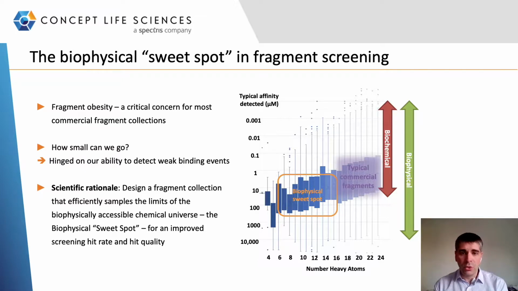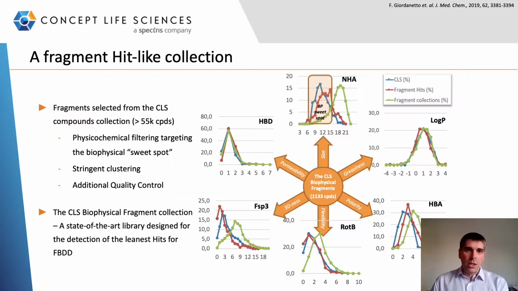And in turn, we anticipate that such a library would have a very much improved screening hit rate because of a more efficient sampling of the chemical universe. And also we would detect much leaner hits and so much higher quality hits. So we set out at Concept Life Sciences to design such a fragment collection using our internal compound collection of 55,000 molecules.